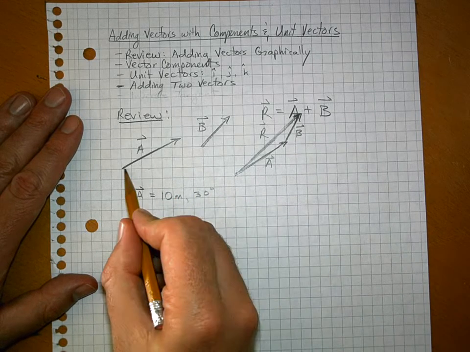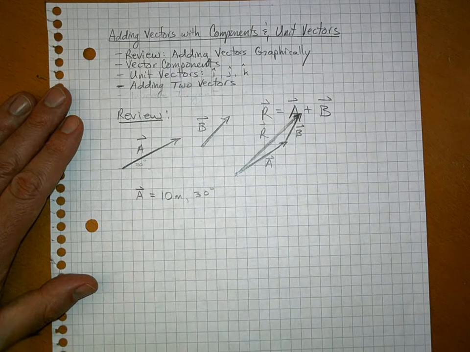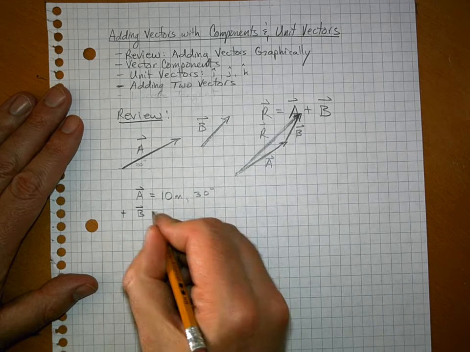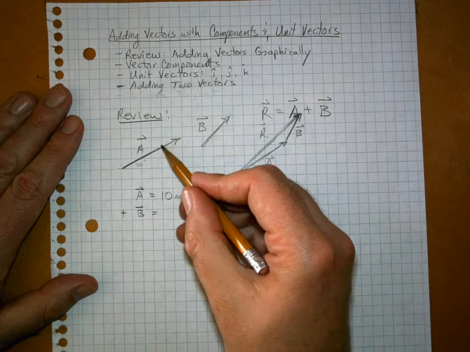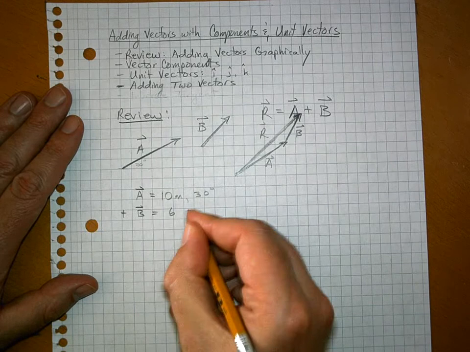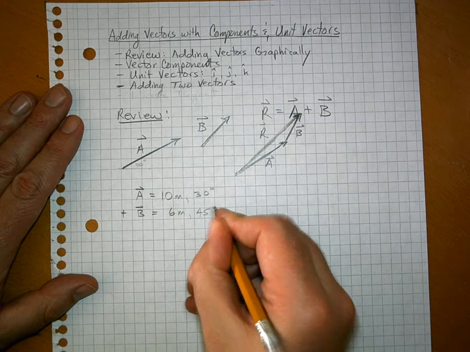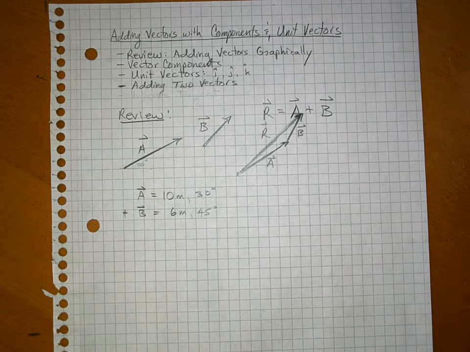That's what I tried to do, make this like a 30-degree angle here. Okay, and then we're going to add it plus vector B, and we're going to say vector B is a little bit shorter. Let's just say it's 6 meters, and let's say it's at a 45-degree angle.